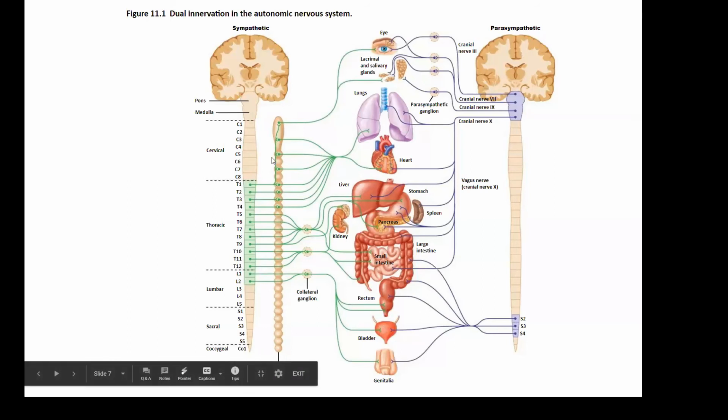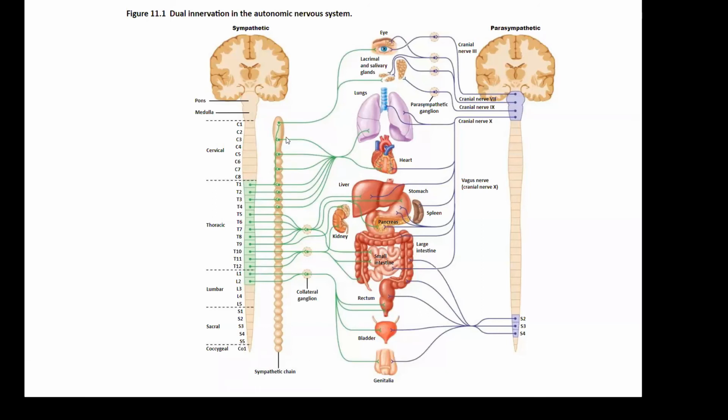You won't see this in lab until second semester, I believe, because we haven't dissected deep enough into the body. But there is actually a physical chained structure lying pressed against your vertebrae. So spinal cord inside, vertebrae surrounding. Just outside, we have this chain of ganglia called the sympathetic chain. It's big enough to be visible.